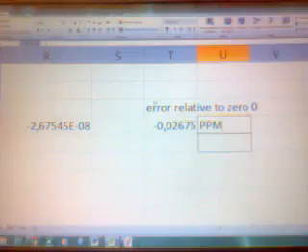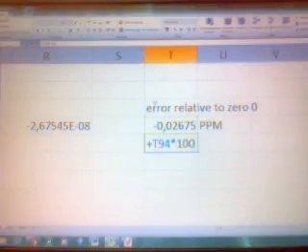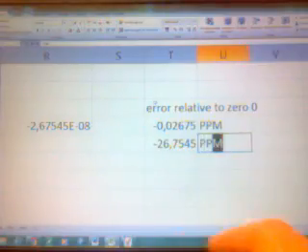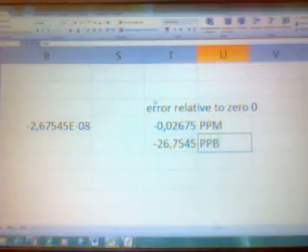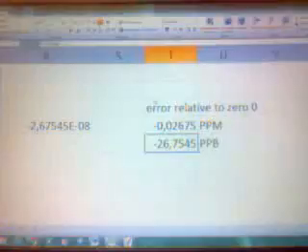I mean, it is, but it's below 1. So plus that times 1,000, and I get the relative error to 0 in ppb, parts per billion. So the error is 26.75 parts per billion and something.